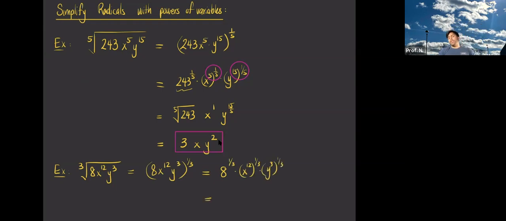The 8 to the 1/3 power can be rewritten as the cube root of 8, which is just 2. The exponents are being multiplied: x raised to 12 times 1/3, and y raised to 3 times 1/3. 12 times 1/3 is 4. Y cubed times 1/3 is y to the first power. And that's it.